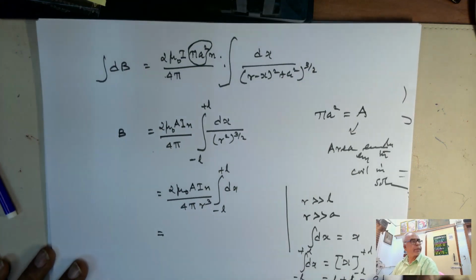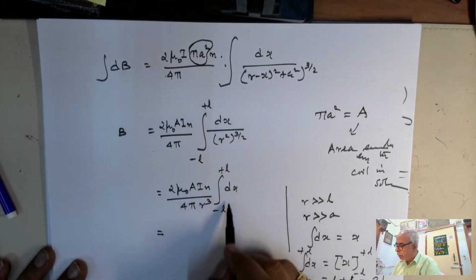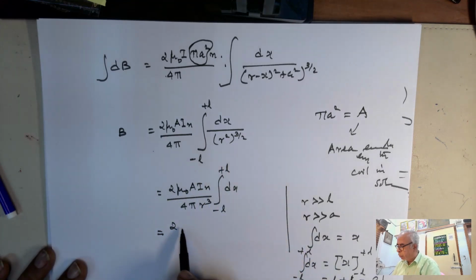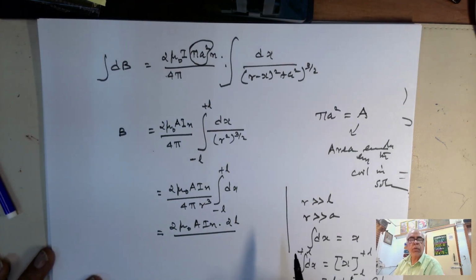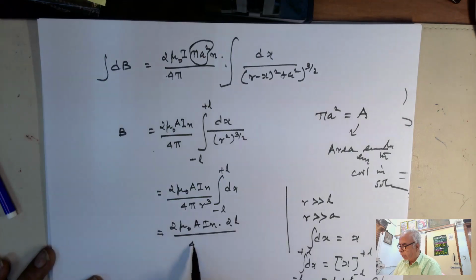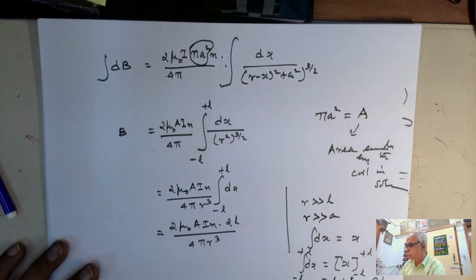Right. So this value becomes 2 mu naught AIn into 2L divided by 4 pi r cube.